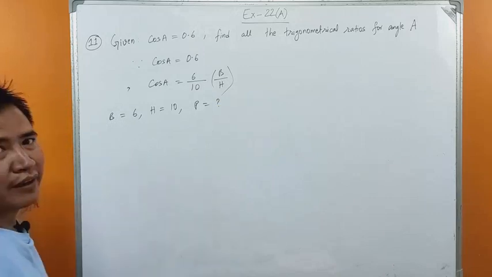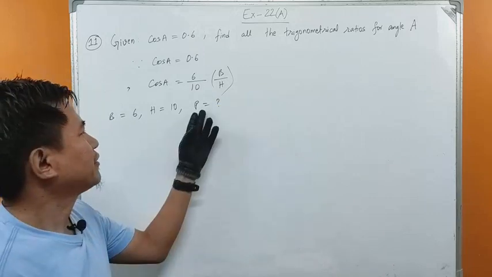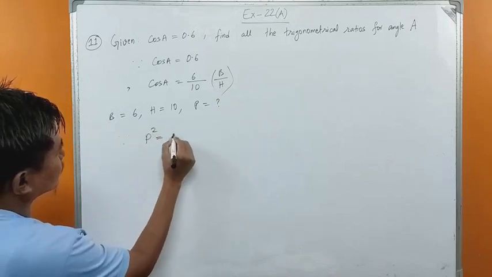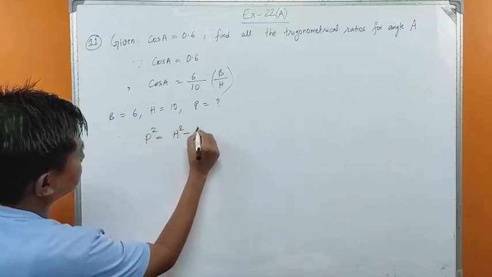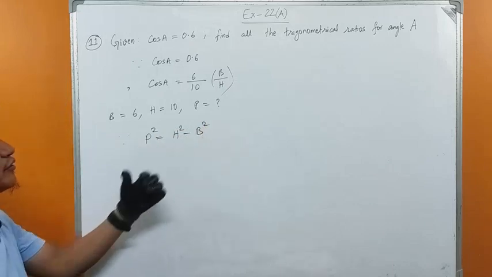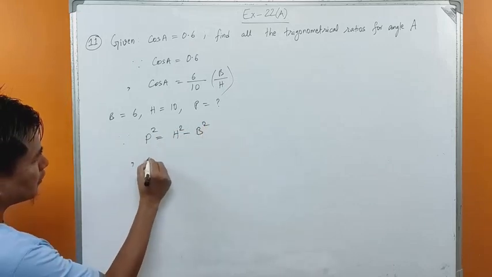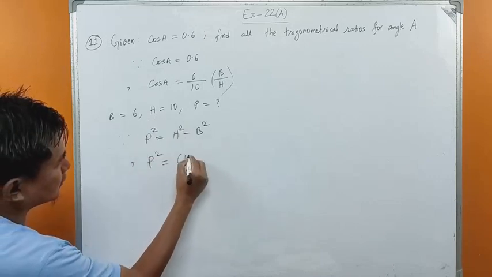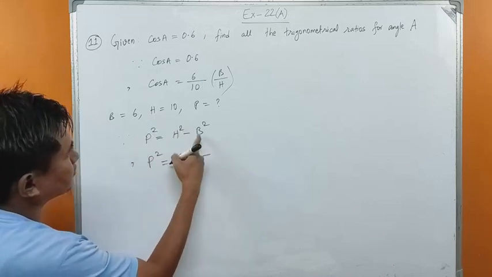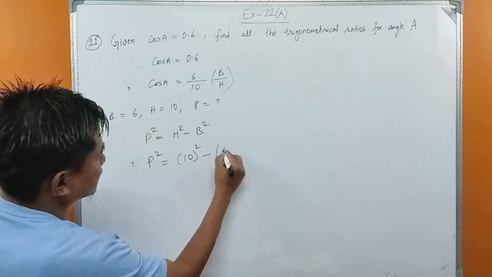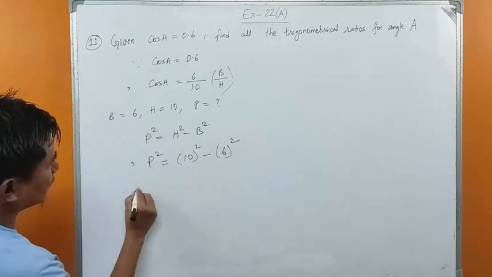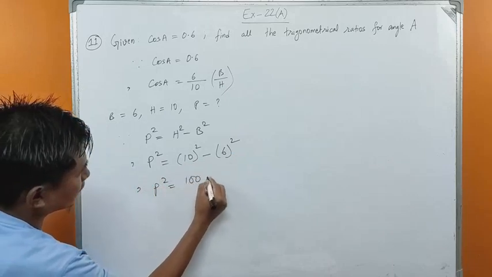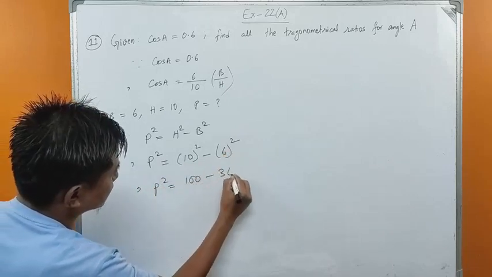So let us apply Pythagoras theorem to find the perpendicular. We know that p square equals h square minus b square. So p square equals, what is h? H is 10, so 10 square minus b, which is 6 square. Or p square equals 10 square is 100, minus 6 square is 36, isn't it?